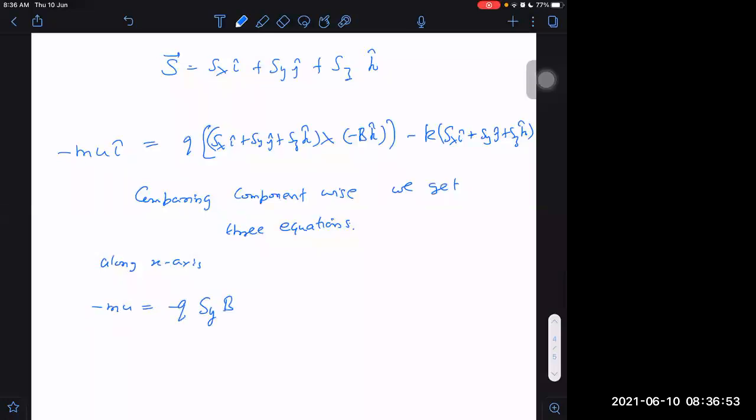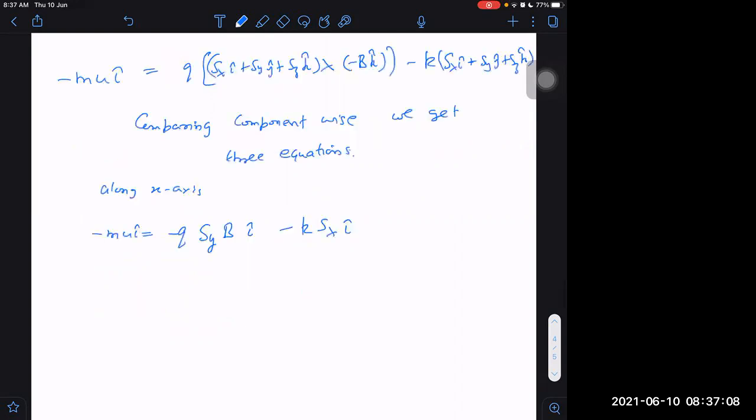Next is minus k into Sx into i. So the i cap we can drop, and we write minus mu equal to minus q Sy b minus k Sx. This is the first equation.